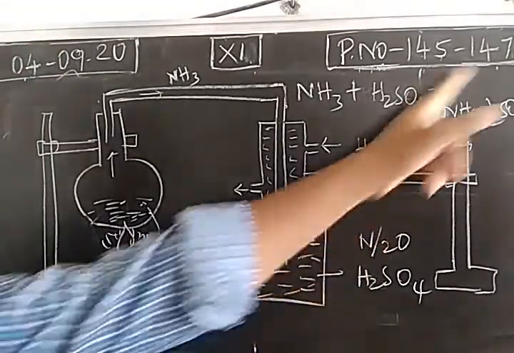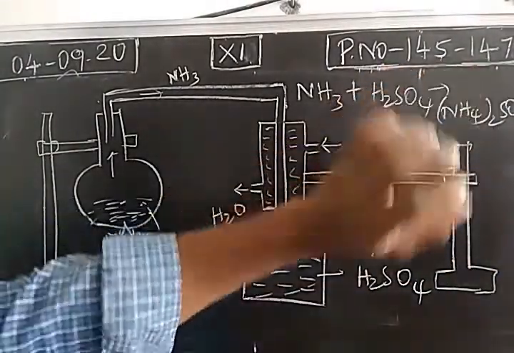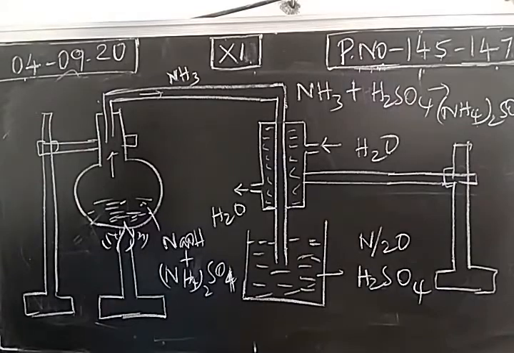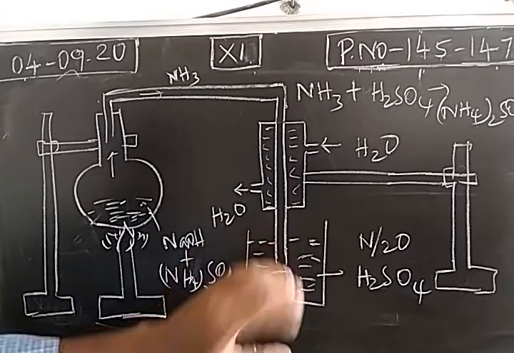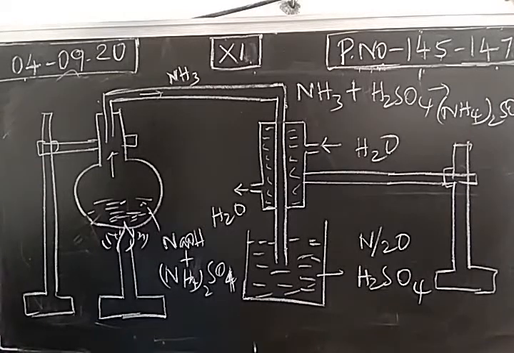Now we are going to find how much ammonium sulfate is formed. This can be obtained based on the weight of sulfuric acid, that is, how much sulfuric acid is utilized to form ammonium sulfate. So in Kjeldahl's method, first we take an organic compound and sulfuric acid.